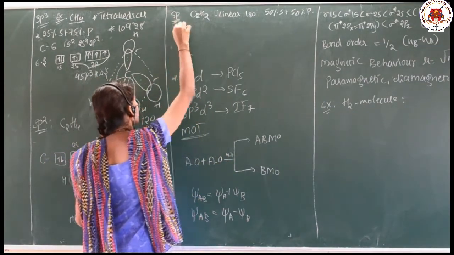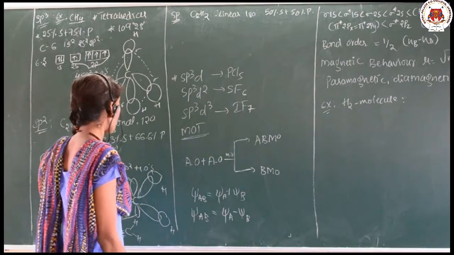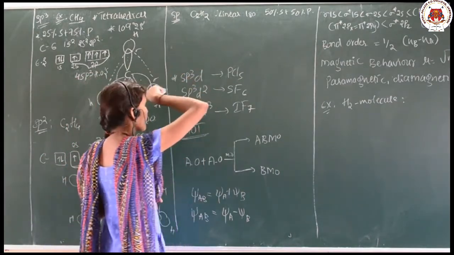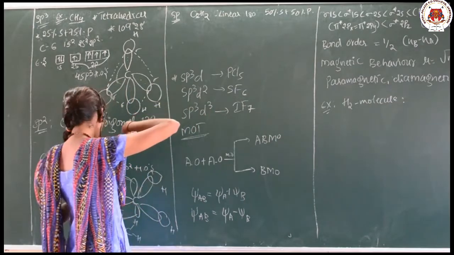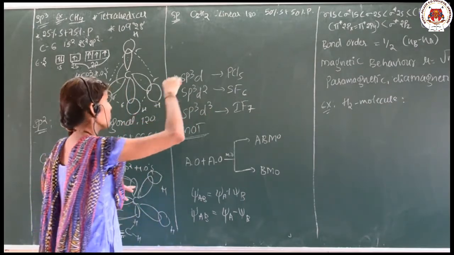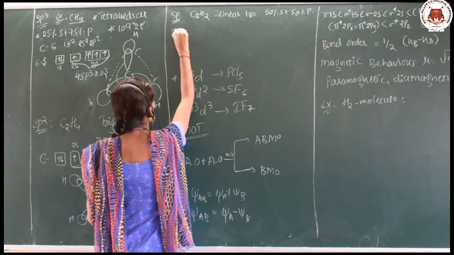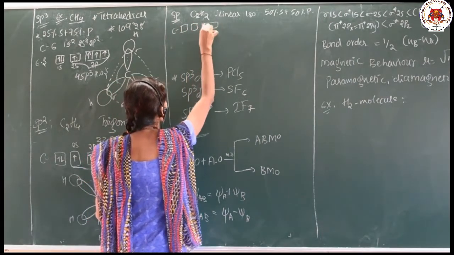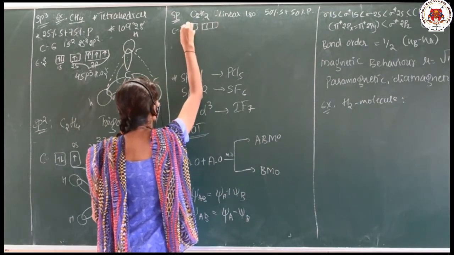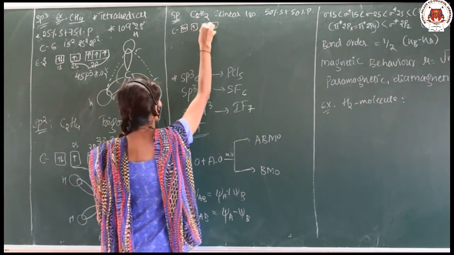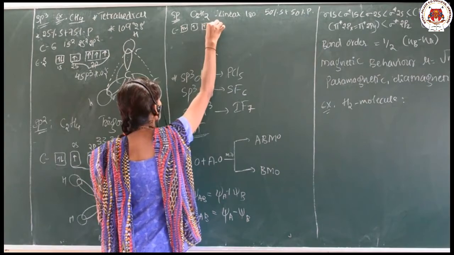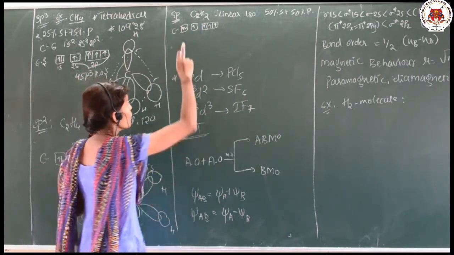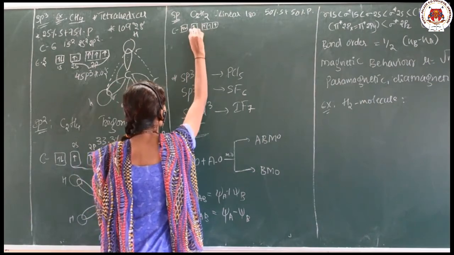In case of sp hybridization, we are taking the example of ethyne. So, again here this is the excited state electronic configuration. Which type of hybridization? sp.